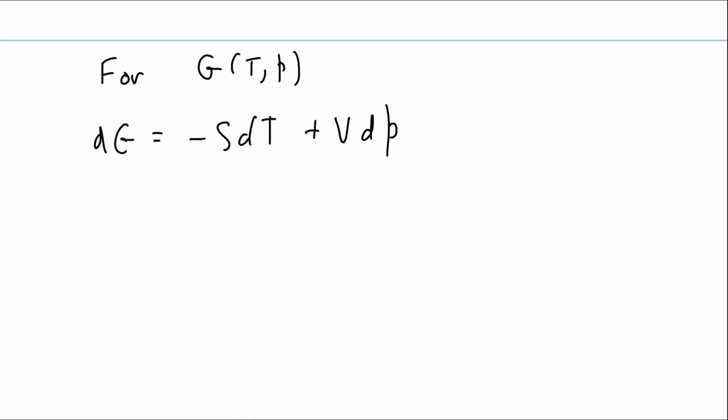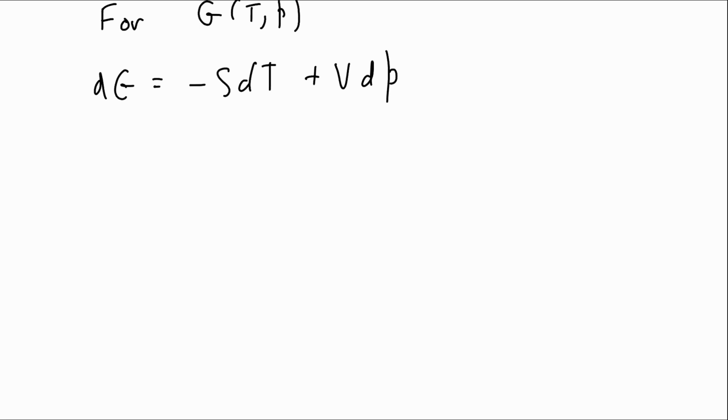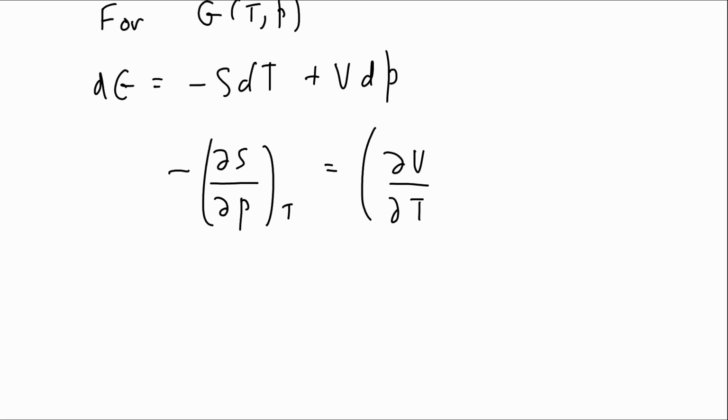So we can play this game for A and H, but for G, as a function of T and P, we know dG is minus S dT plus V dP, and from that we know minus partial S partial P at constant T equals partial V partial T at constant P. And why do I know that?